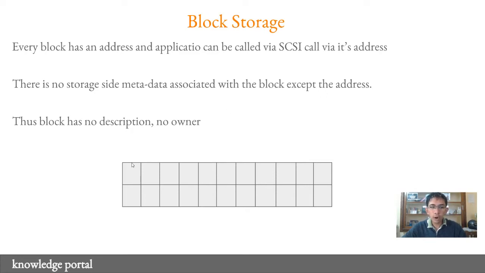So if there is a file, let's assume an image file which is being stored, there is no metadata. Just by looking at the block, I cannot determine what is the file being stored over here. That is called metadata, and it also does not have a description or an owner.